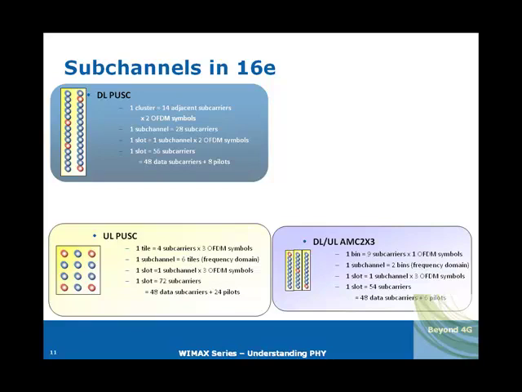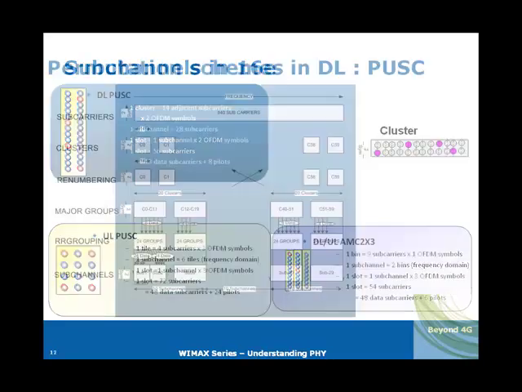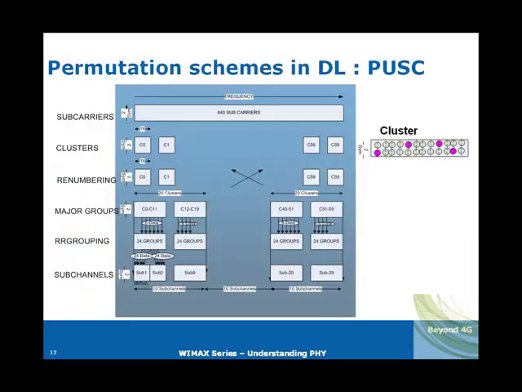We have talked about diversity schemes, and now how the subchannels are clubbed in a PUSC scheme. So let's start from the top. We have a total of 840 subcarriers out of 1024 usable subcarriers, and the rest of them are guard subcarriers.